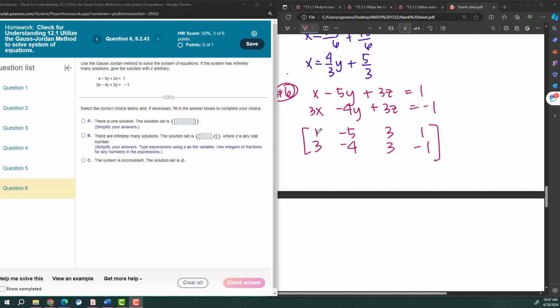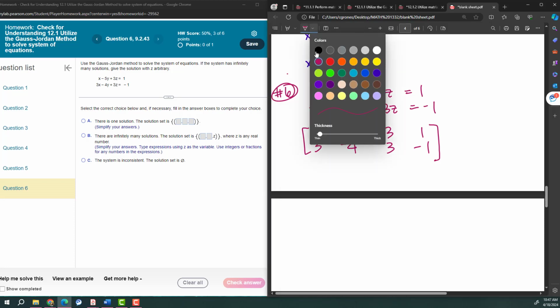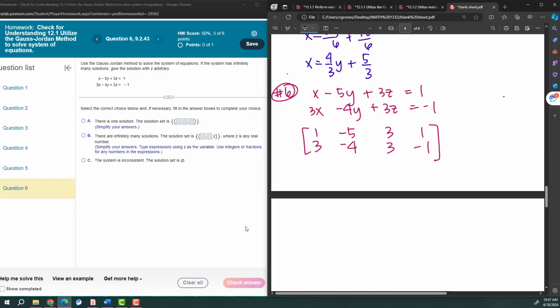So we're going to find the values of x and y, but not z. So our final product is going to be 1, 0, and then we'll have some values down here, and then 0, 1, and then some values right there. So that's what we are looking for.